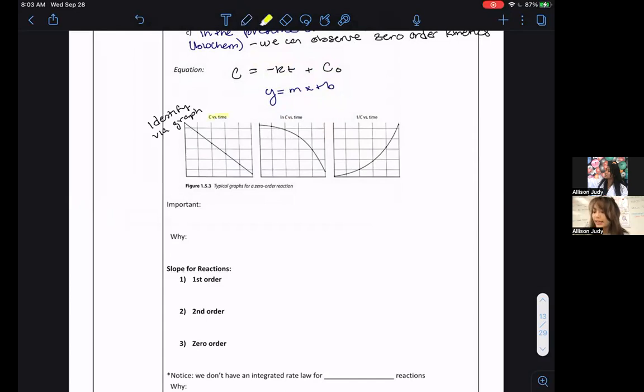If you're like, wait, that doesn't make sense mathematically, I want to understand the math more, I'm going to be really honest with you guys. It has been a long time since I have done calculus, and I personally have no interest in learning how to derive this myself. I would encourage you to just take the conceptual information that I presented, understand that, be able to match it with the integrated rate equation, whether it be first, second, or zero order, and then be able to identify from graph.